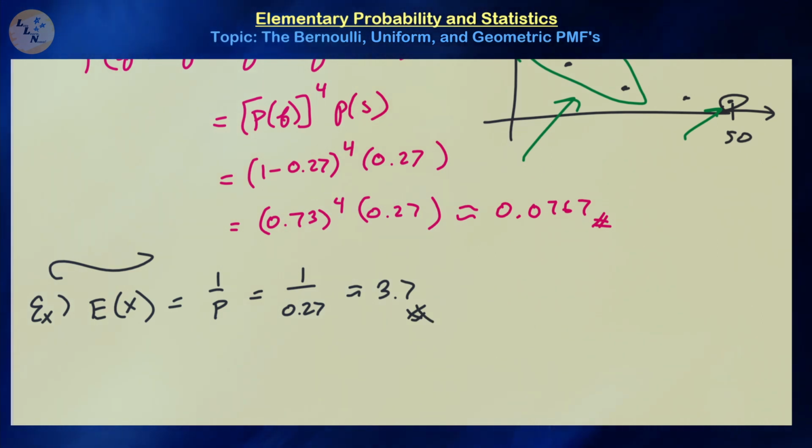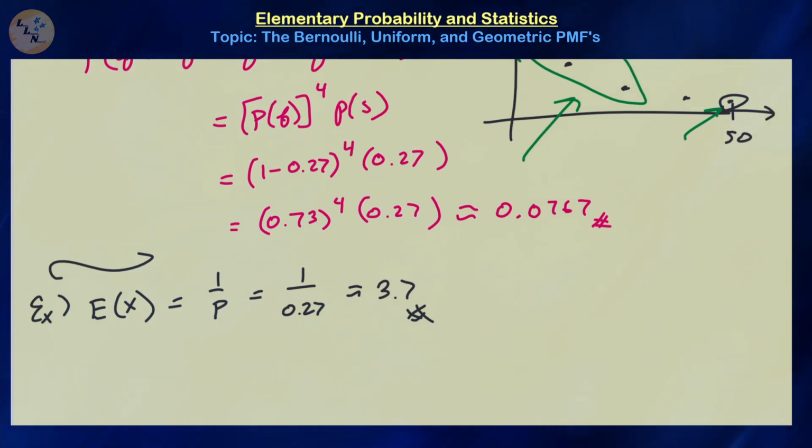So on average, you're going to be doing about 4 trials with this particular instructor until you would expect your first success. Of course, if you get it on your first try, you're lucky as far as this probability problem is concerned. And if it takes you 50 million tries to get your first success, then you're extremely unlucky, right?